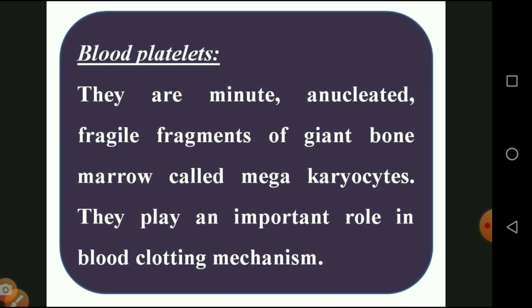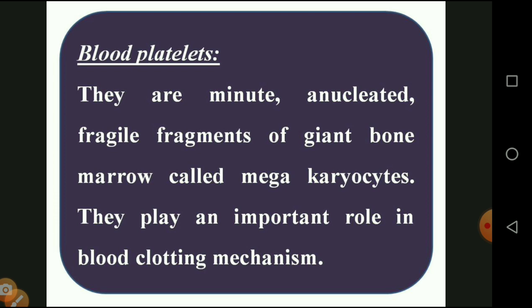And blood platelets are the last component of the blood. They are minute anucleated fragments of the giant bone marrow cells called megakaryocytes. As I already told you from this animation, they are broken particles of giant bone marrow cells. They play an important role in the blood clotting mechanism.